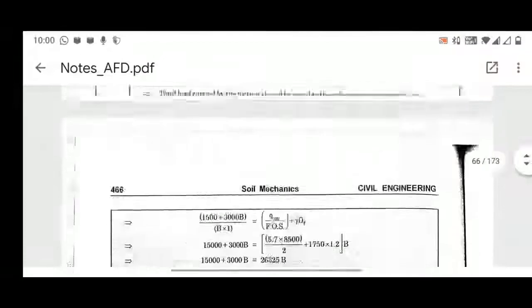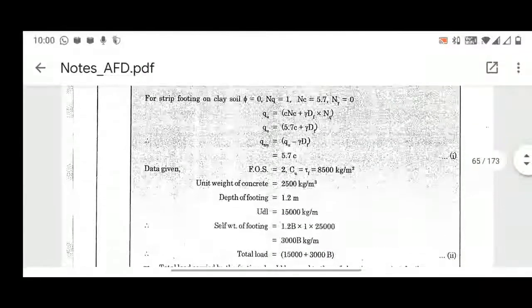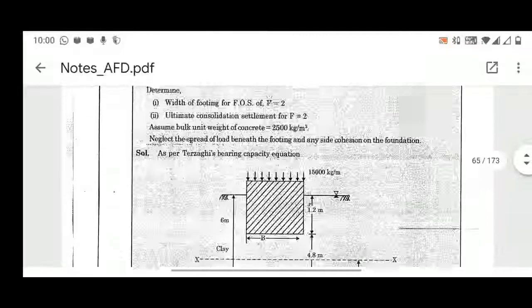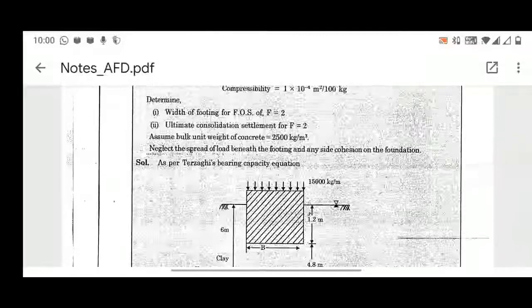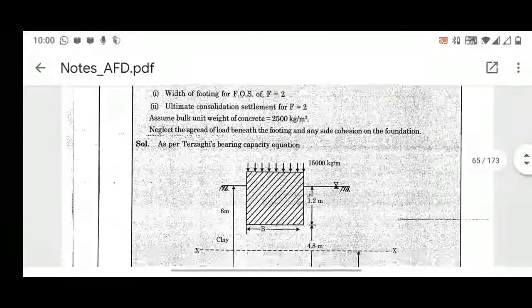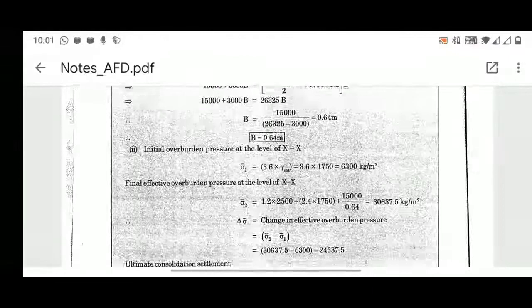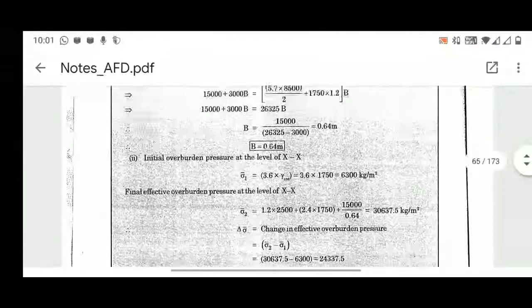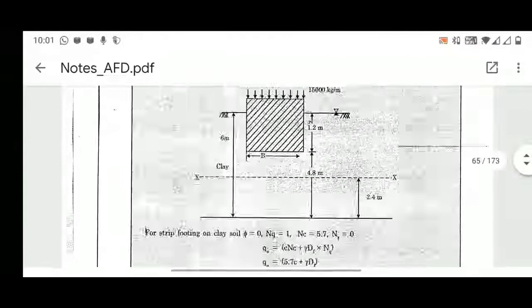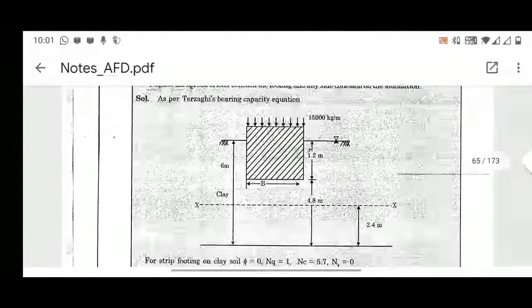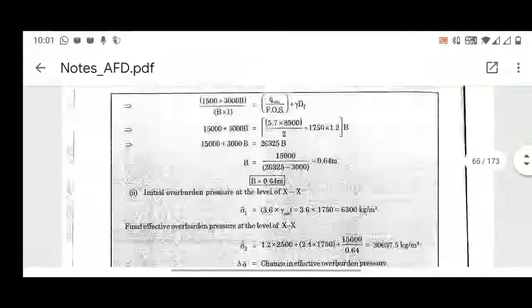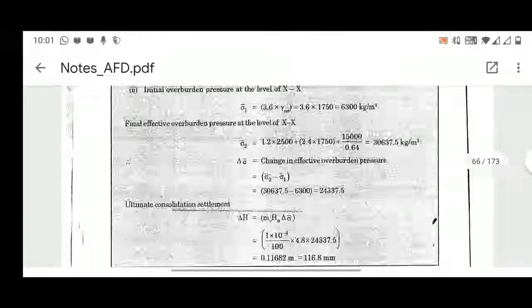What was 15,000? 15,000 was the UDL weight. They divided the UDL by the area, so that represents the surcharge term. It is given in your question that a surcharge of 15,000 kg per meter is applied above the base of footing. So 15,000 divided by 0.64 gives the total load coming at the level of X6, that is the final effective overburden pressure.